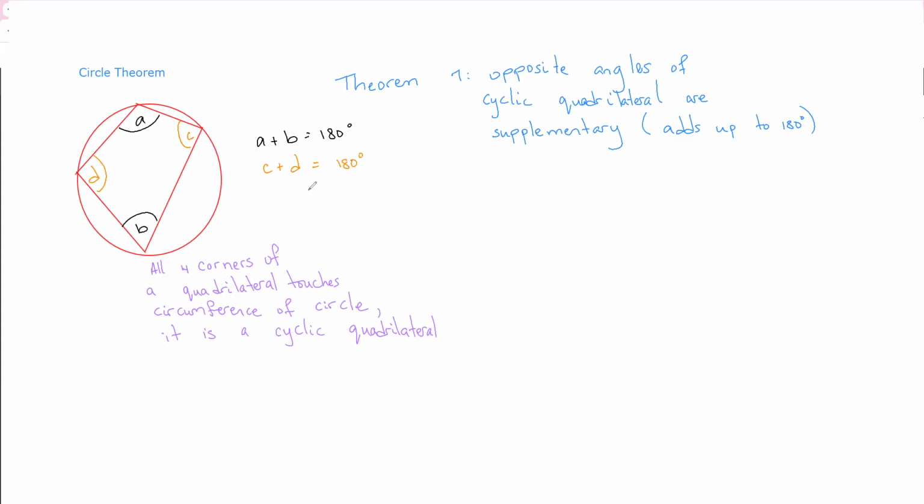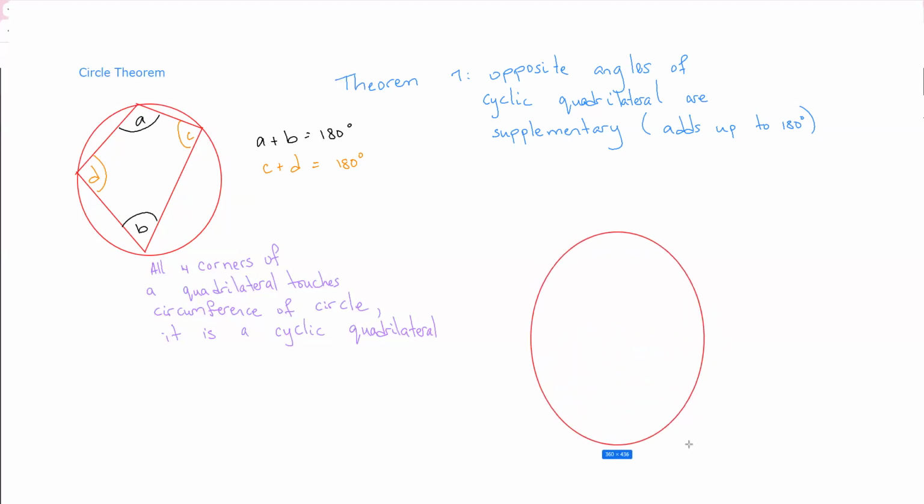That's a rule. Opposite angles of a cyclic quadrilateral are supplementary, meaning they must add up to 180 degrees.